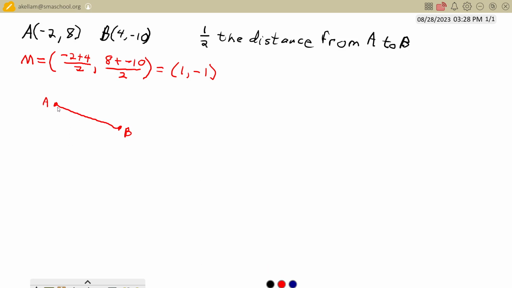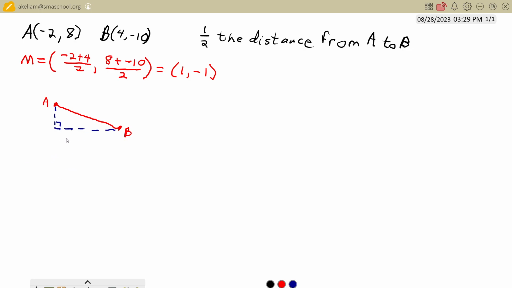So, with distance, essentially we're making a right triangle. Okay. So there's my right triangle. Now I need the length of my vertical and the length of my horizontal.